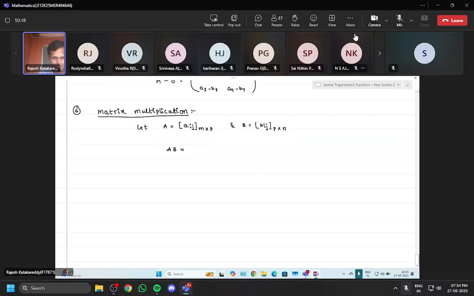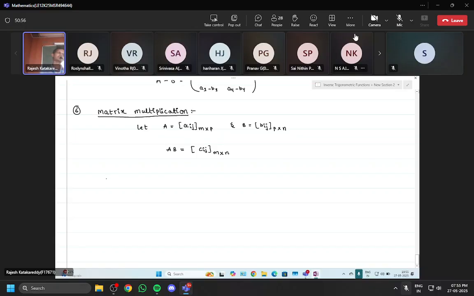You can call the product C. In this way we write Cij, order is M by N. Like in composition of functions, function f is from A to B, function g is from B to C. When you are doing composition, directly you connect A and C. Now it is M by P, P by N. Directly you will take M to N. Clear? This is what matrix multiplication is.